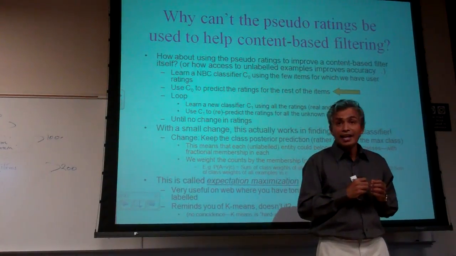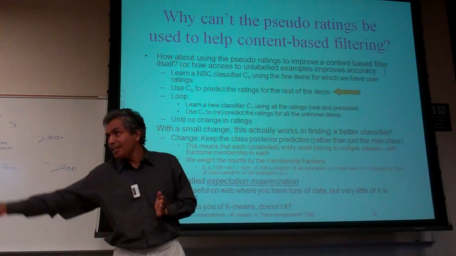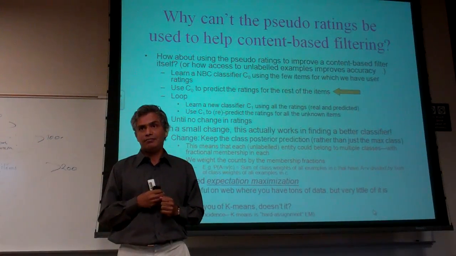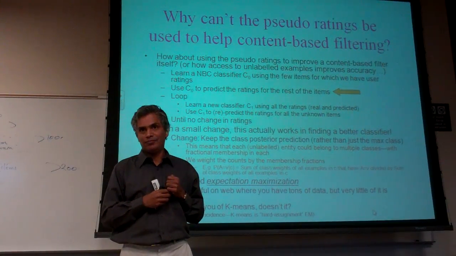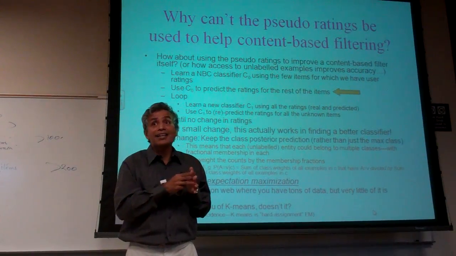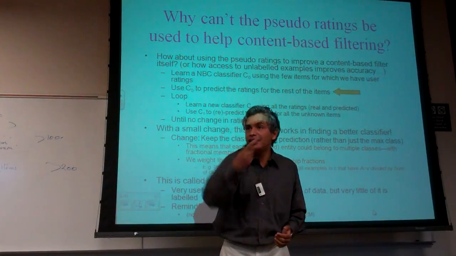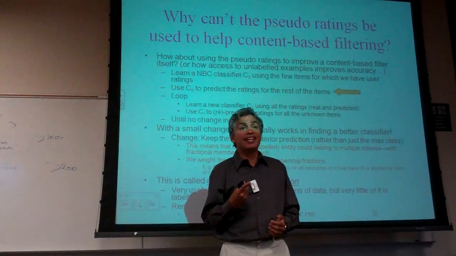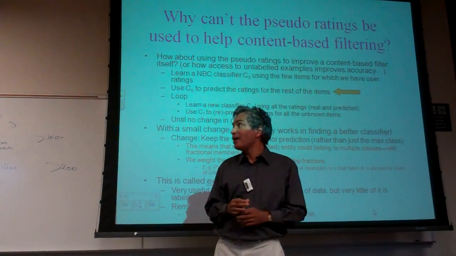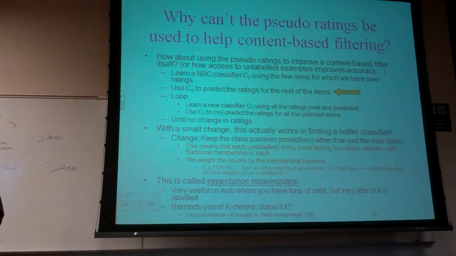Now I apply that to the unlabeled examples. Then I will know their class information, if my learning was correct, and I'll go ahead and assume it is. So now I have answers to 10,000 plus 50 examples. I relearn the naive Bayes classifier on these 10,000 plus 50 examples, and keep doing this until my performance is not changing on the test data.